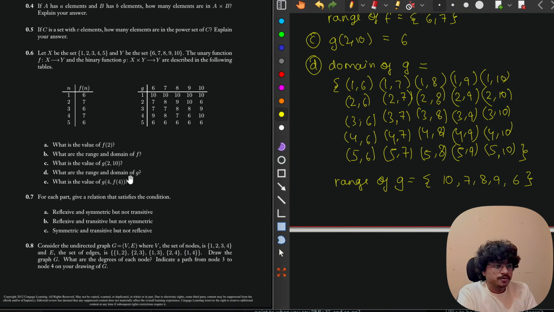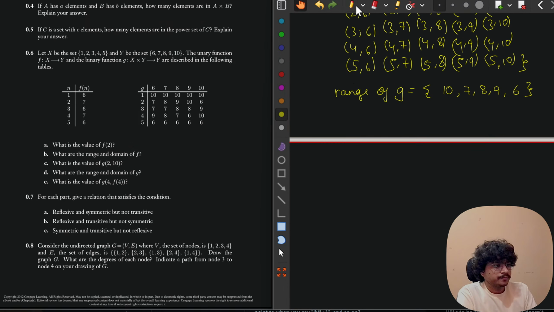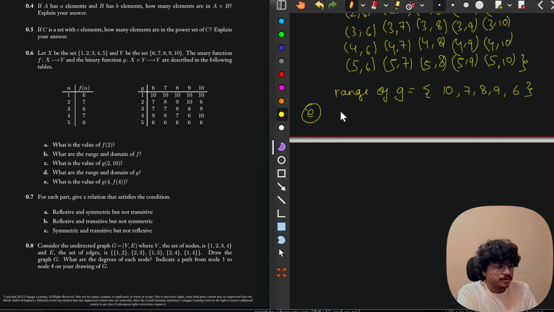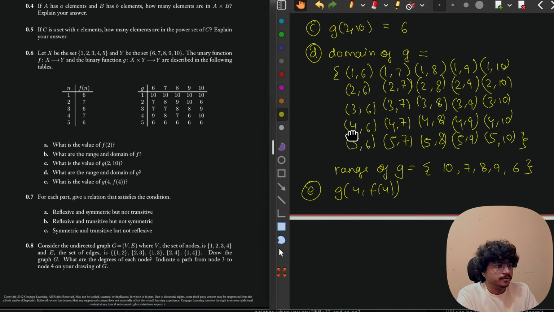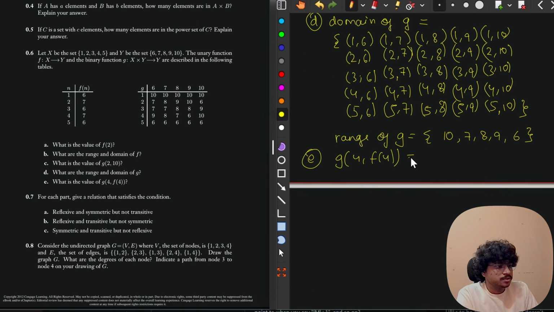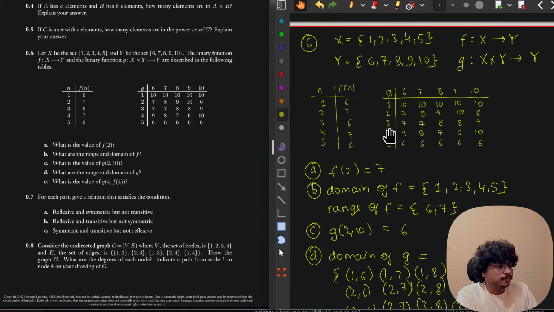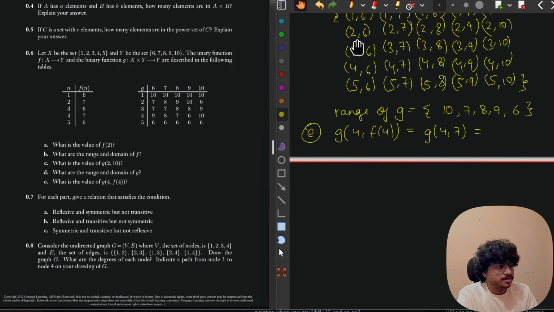What is the value of G of 4 comma f of 4? I have f of 4 equals 7. So it is equal to G of 4 comma 7. And now 4 comma 7, I have 4, 7, 8. Answer is 8.